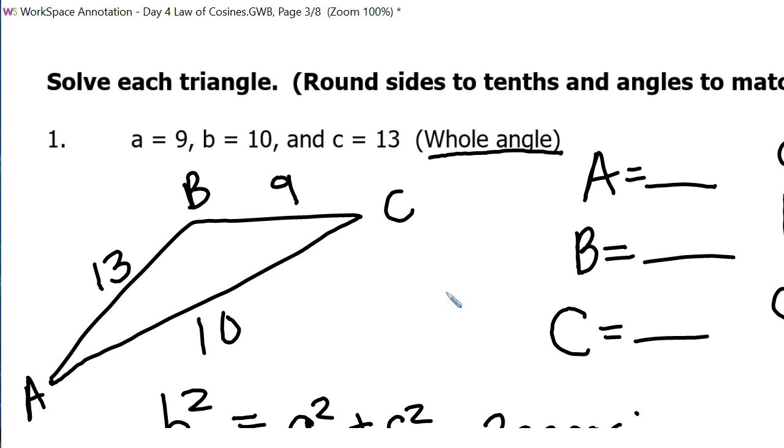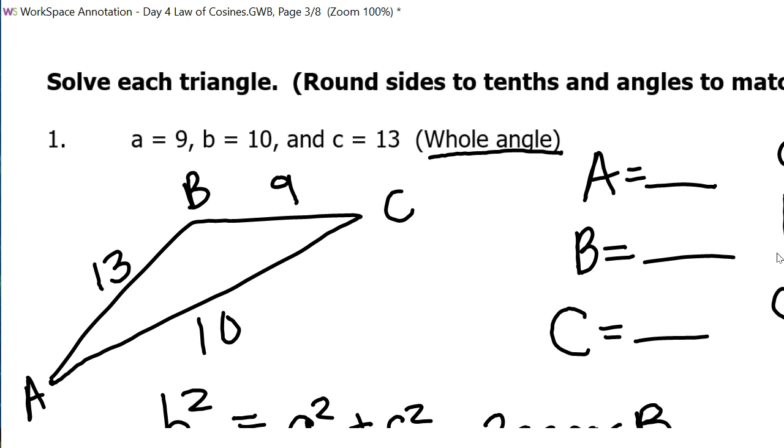Now go ahead and substitute in what we know. So in that equation, instead of B, it needs to be a 10. Instead of A, it needs to be a 9. Instead of C, it needs to be 13, minus 2 times 9 times 13 times the cosine of angle B. And angle B is what we're solving for.